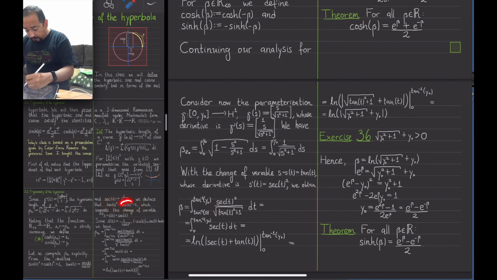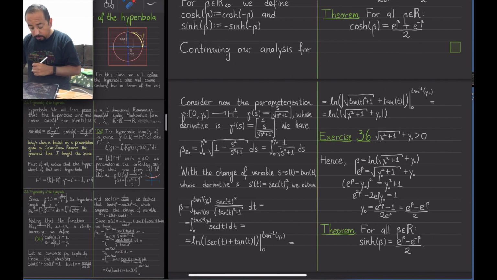Solving for secant square, we see that secant square is tangent square plus 1. So what's here is actually the secant. This integral becomes simply the integral of the secant. But we already found an antiderivative, a primitive, of the secant. We found it here.